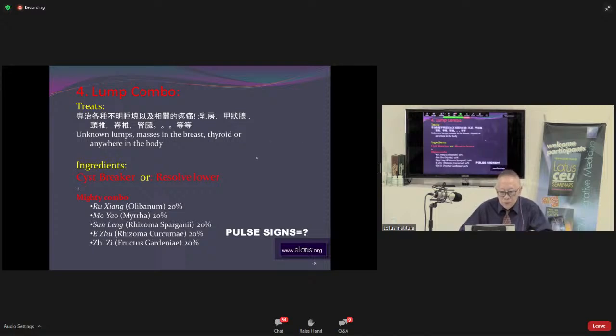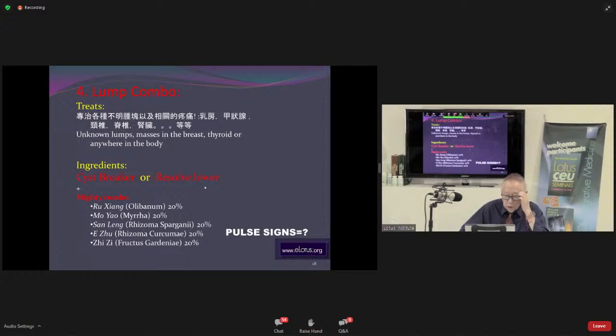Number 4 is the lump combo, for all unknown lumps and masses in the breast, thyroid, anywhere in the body. This is the combination of cyst breaker and resolve lower plus mighty combo.